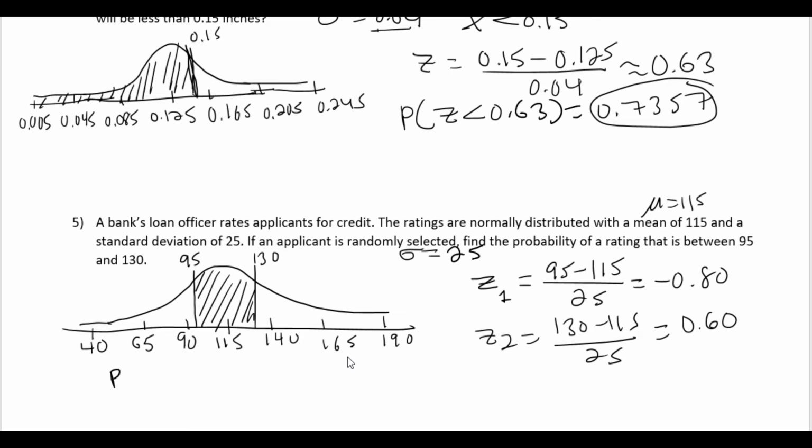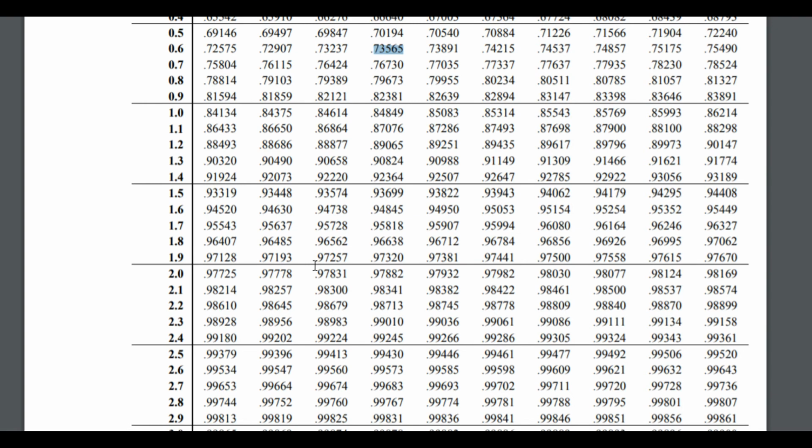So we want to do the probability that z2 is less than 0.60 minus the probability that z1 is less than negative 0.80. So we're going to find those two numbers. So 0.60 is 0.7258.